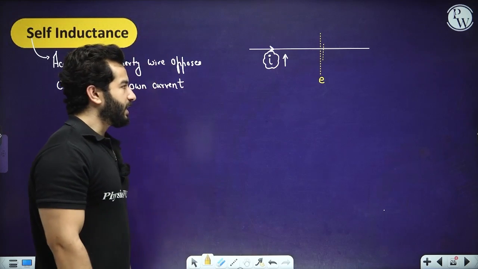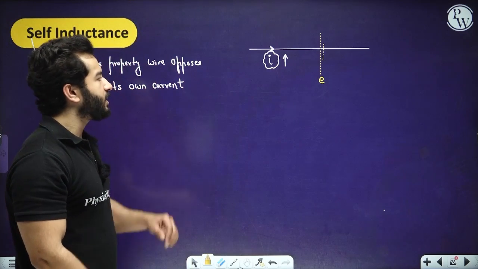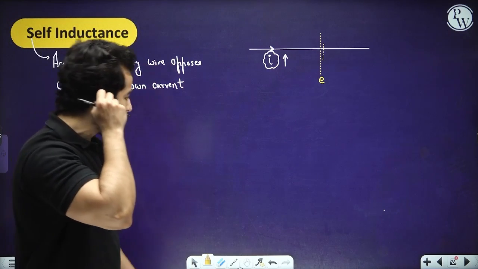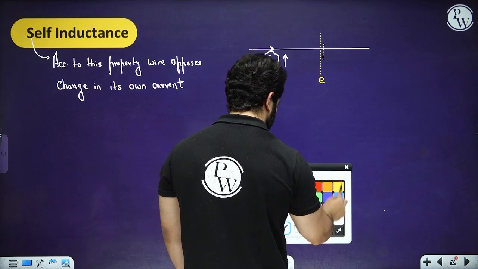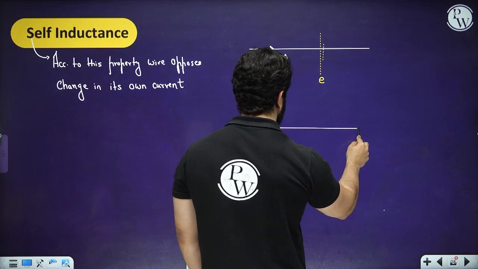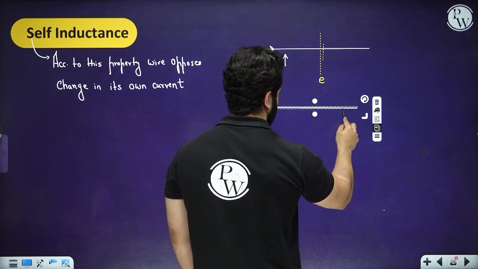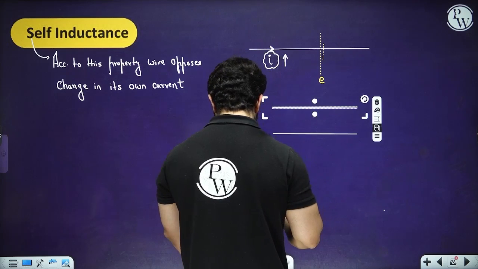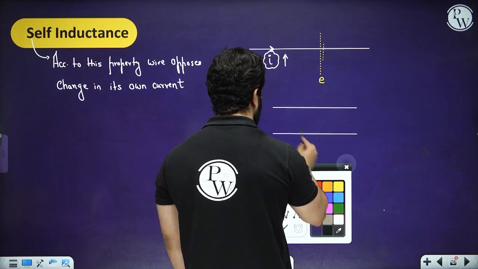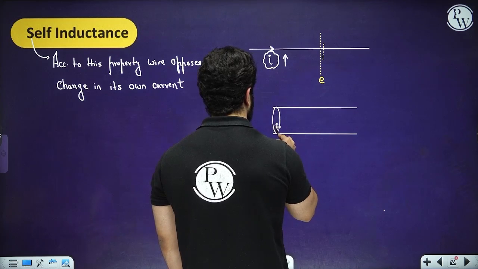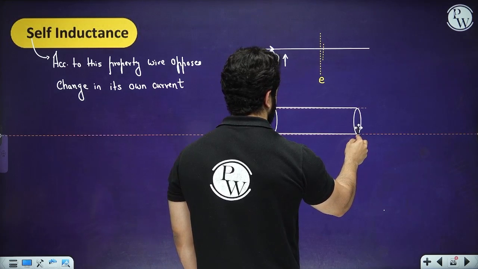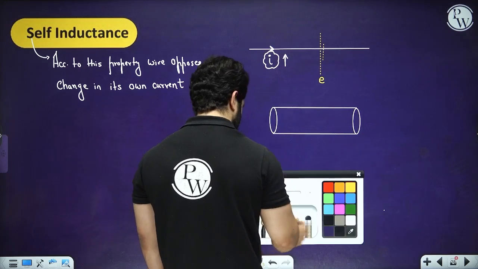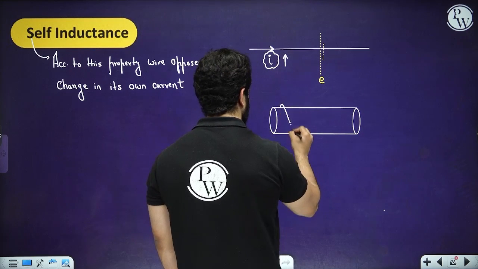Hopefully everything is clear. Now you can actually understand this concept in detail if we talk about a solenoid. Why do wires or conductors do these kinds of things? Let's suppose we have got a solenoid, and in this solenoid you have got some wires wound up.